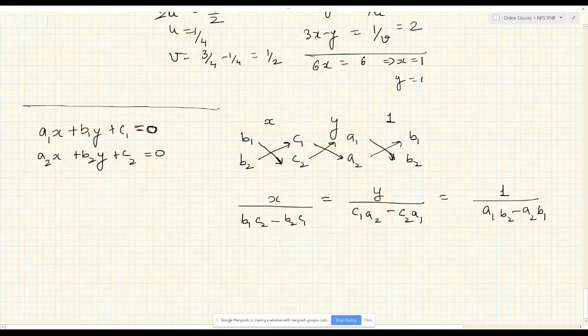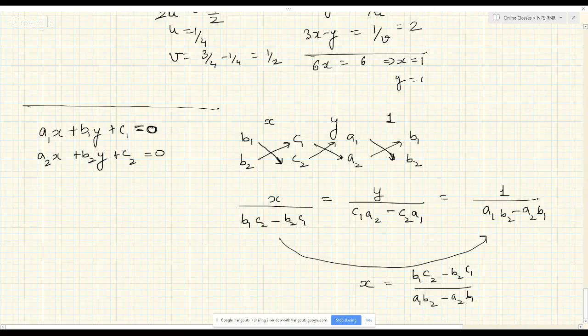So from these you can write x equals b1 c2 minus b2 c1 upon a1 b2 minus a2 b1, and y equals c1 a2 minus c2 a1 upon a1 b2 minus a2 b1. This is what you have to remember.